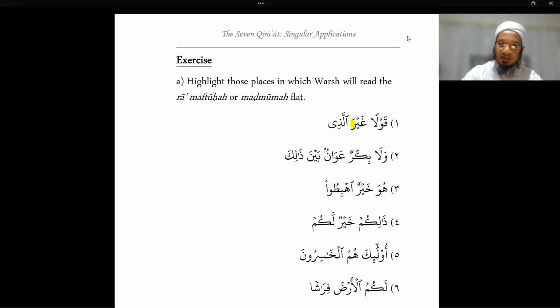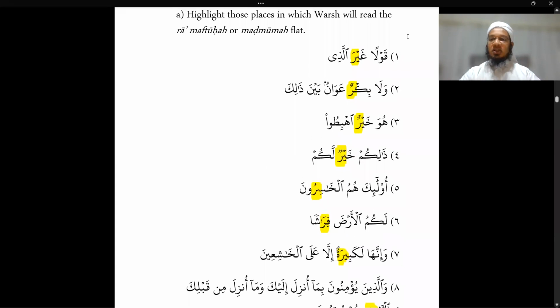The first one over here. Okay, so that's the first part of the exercise, to identify where the change will happen.